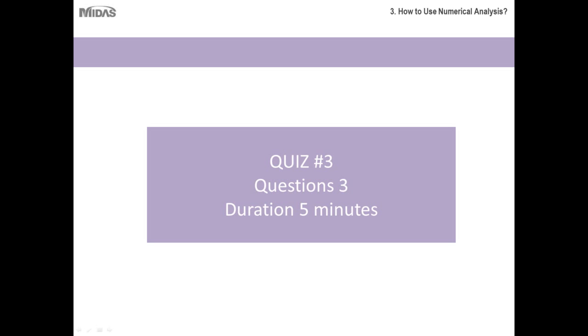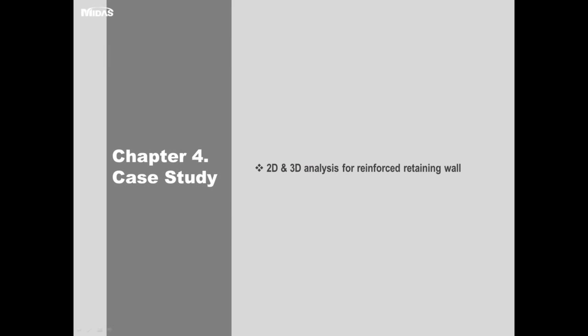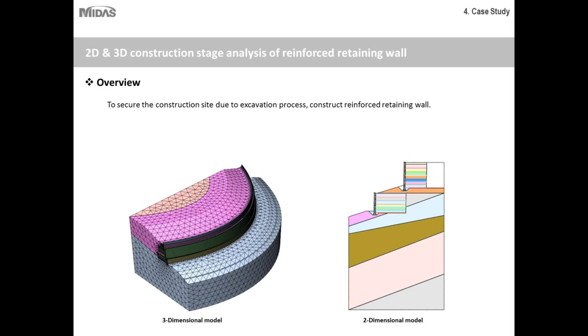Alright, so everyone has submitted the quiz, so let's move on to chapter 4. In this chapter we'll discuss the case study where 2D and 3D analysis was required for a reinforced retaining wall for the same project. So this is a project site.